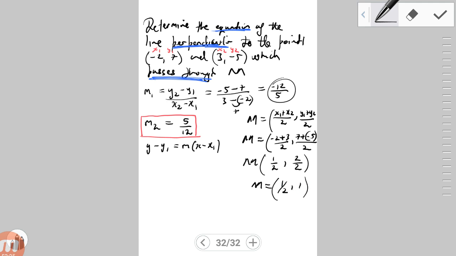So that's M. Now, sometimes they'll say that it's passing through M, and there are other times where they'll say that it's the perpendicular bisector.